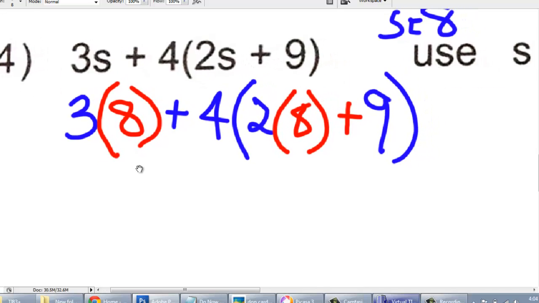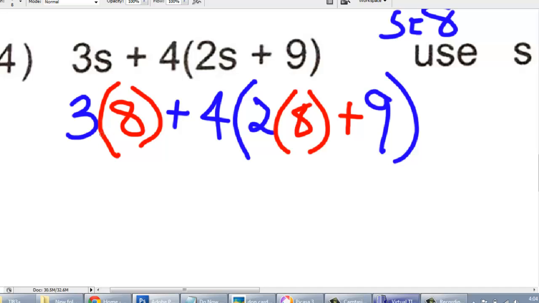Alright, so we plugged in the variable. In this case it was 8. And now we're going to multiply. So let's do what's in the parentheses first. We've got a multiplication, 2 times 8, and we've got addition, 8 plus 9. We're going to do multiplication first. 2 times 8 is going to be 16.